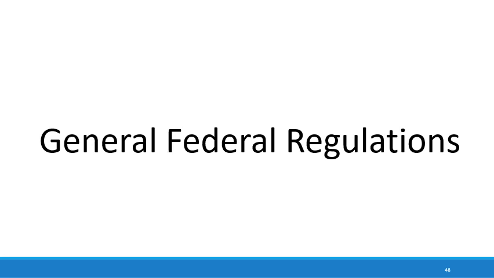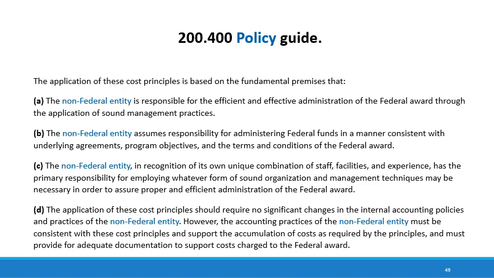So we're going to move on to some general federal regulations. And what I want to talk about is the 200.400 policy guide. I'm not going to read these slides. This is just some areas we would like for you to read and review, that the cost principles that we used are based on these premises.